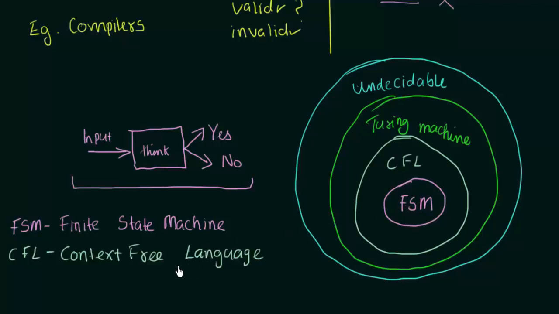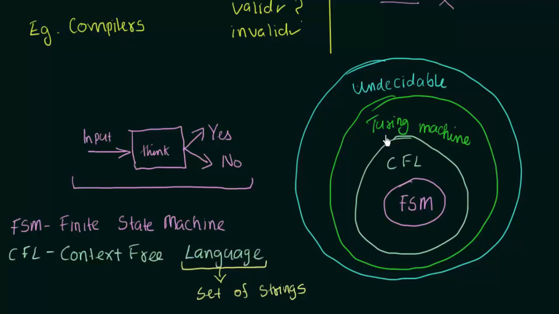One thing to remember here: this language does not mean a programming language. In computer science, when we come across the term language, we often think it means a programming language. But in this context free language, language actually means a set of strings. A set of strings is what is known as a language. It will become clear in the following lectures, so don't worry about it.